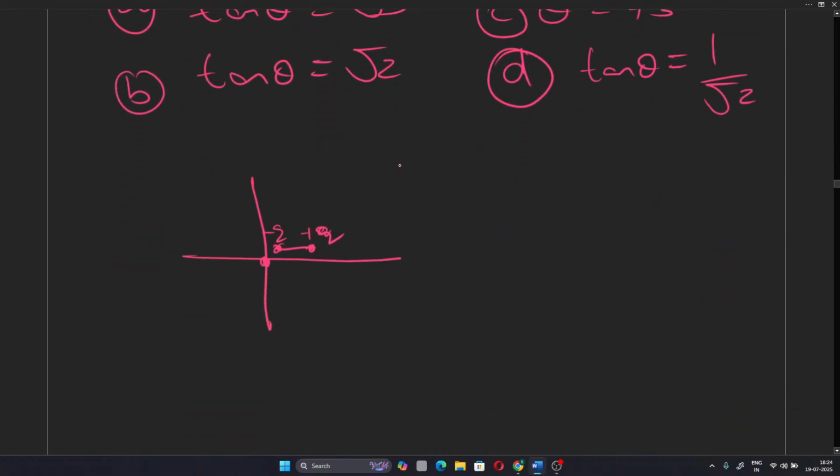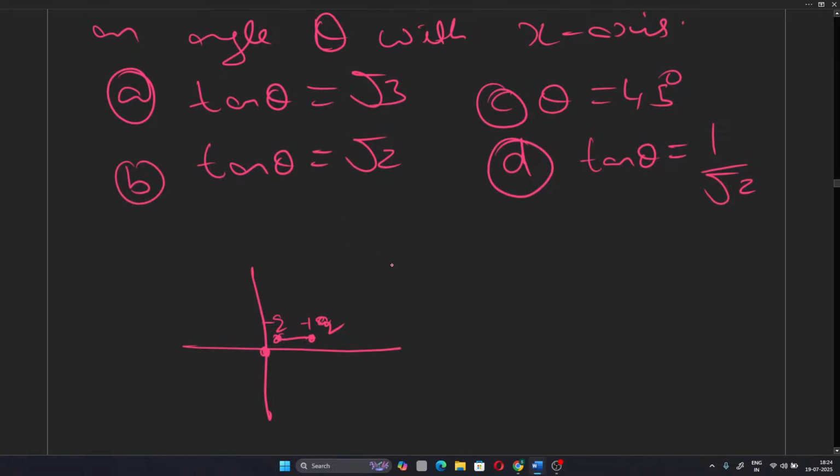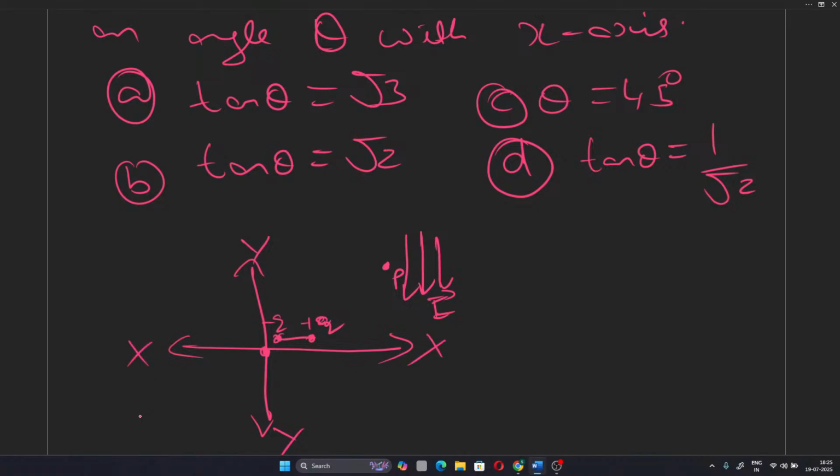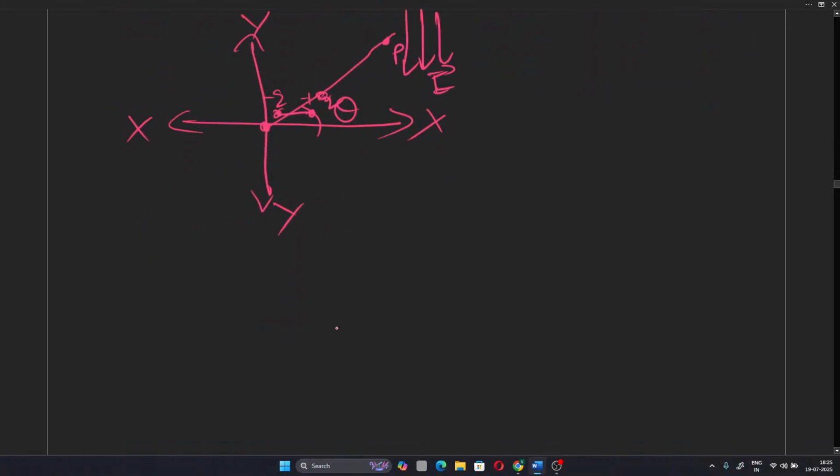At somewhere at point P, the electric field is parallel to the y-axis here, and this is an angle of theta, which I will not be doing right now, but I will be doing it later.